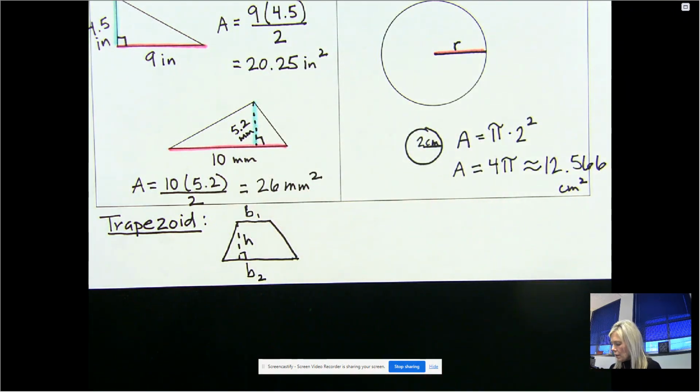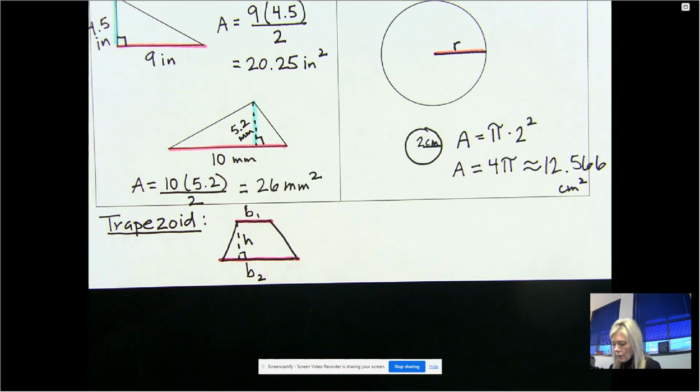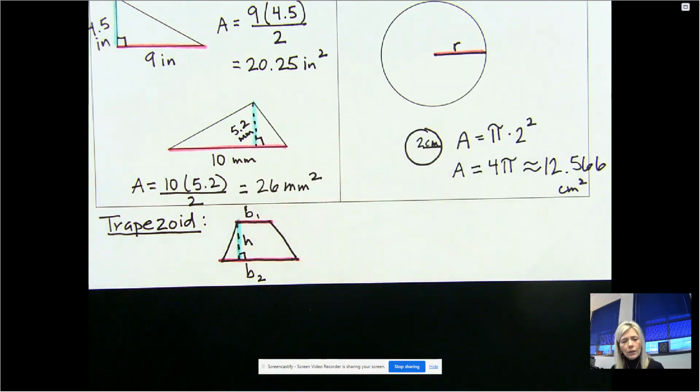And so what happens in a trapezoid is we have to do a little extra to figure out its area.